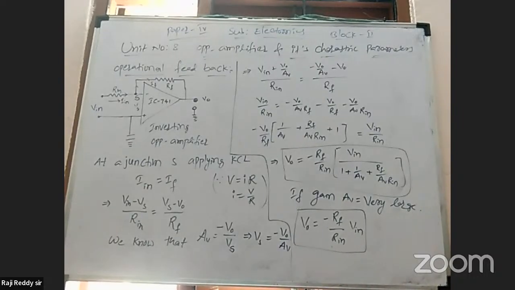Voltage gain is infinite. Bandwidth is infinite, no phase change with frequency or constant gain. Next point, output voltage is zero when Vi is equal to V1 equal to V2. Characteristics do not drift with temperature.